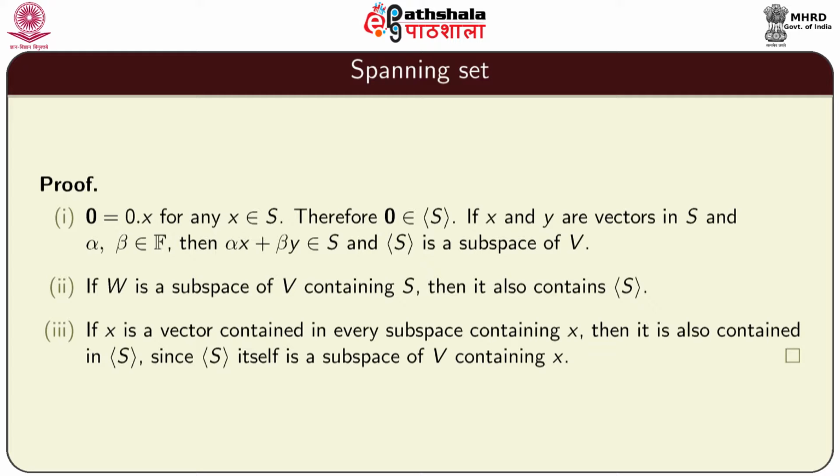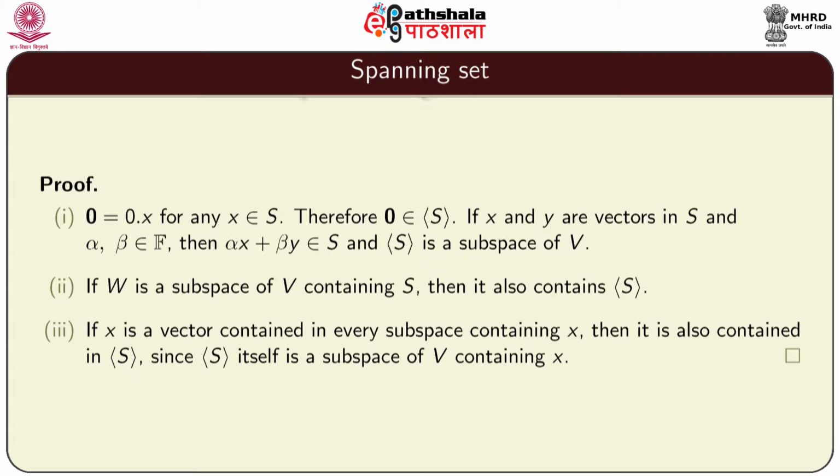Well, any vector x in S is of course 1 dot x, and therefore it is a linear combination, which shows that S is also contained in span of S. Now, suppose that W is a subspace of V which contains the set S. If we can show that W contains span of S, then span of S, being a subspace itself containing S, has to be the smallest one in the sense of set inclusion.